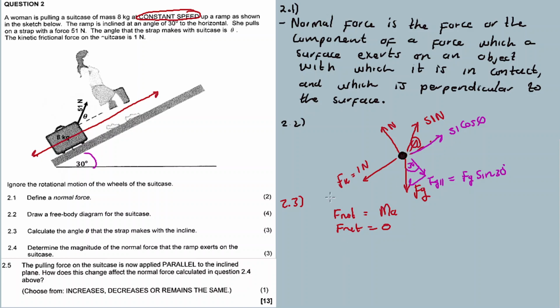If I'm choosing down as positive, let's choose down as positive. Then it will be plus 1, since the friction is going down.